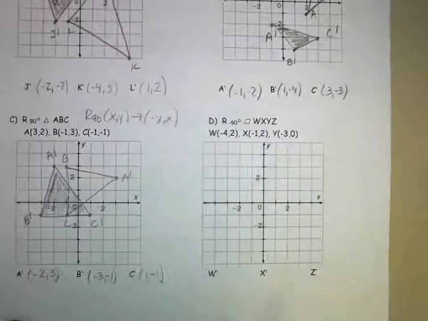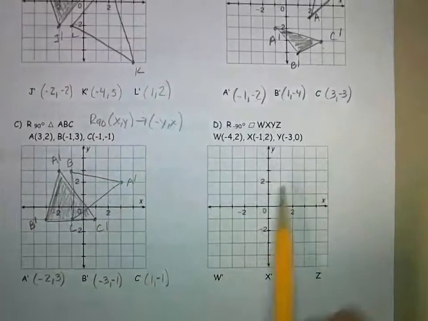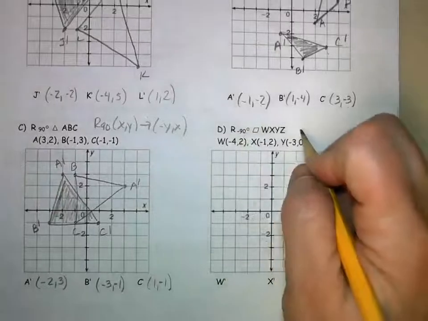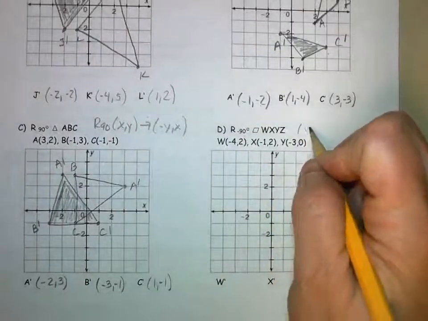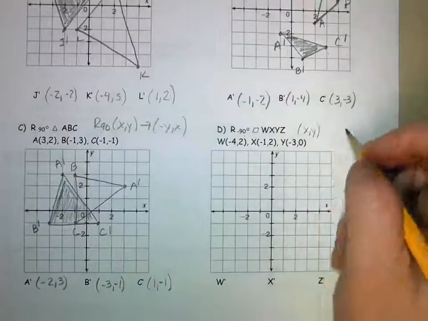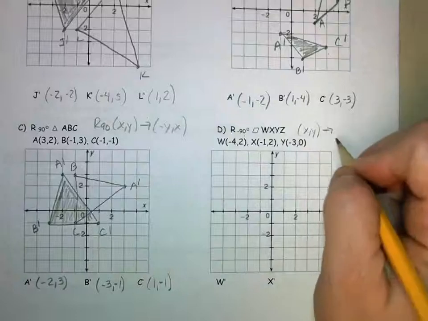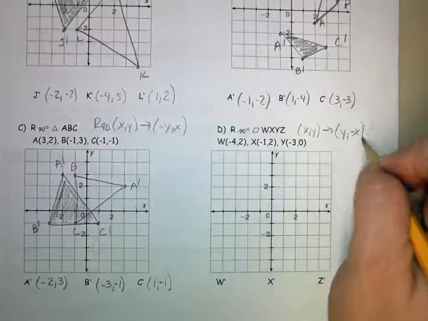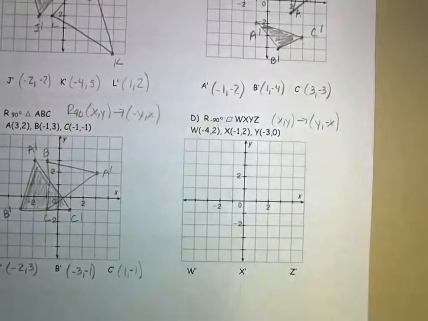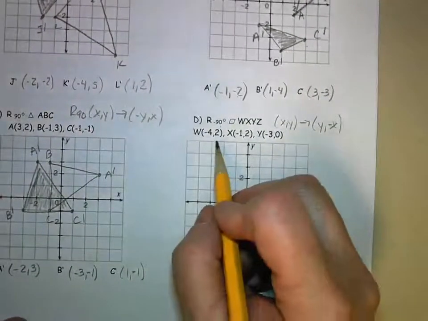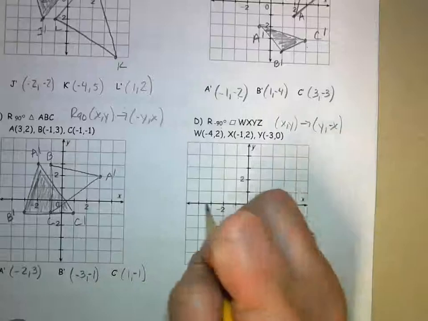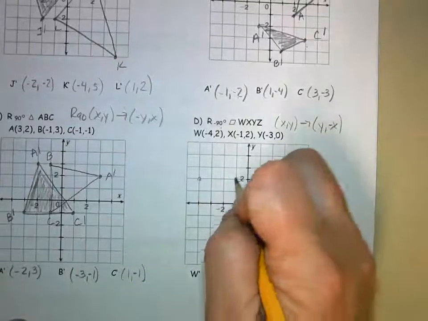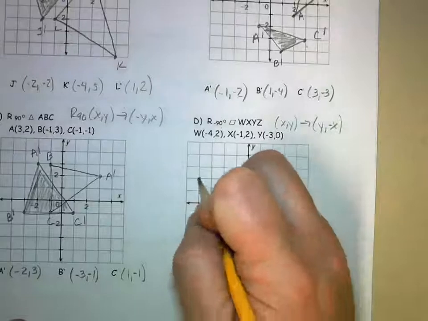And letter D, we have a triangle, and we're going to rotate it -90. -90 is like 270, and our rule here, (x, y) becomes (y, -x). So here's our first one, (-4, 2), (-1, 2), (-3, 0).